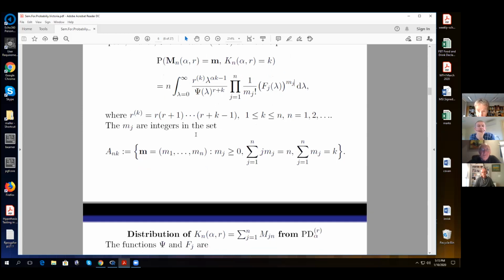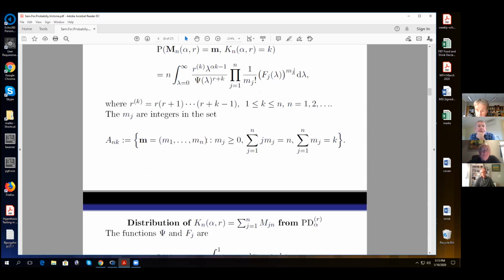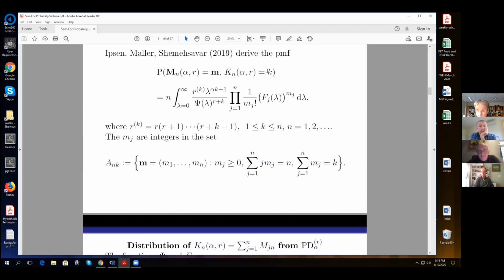The m_j here, remember, are subject to a constraint, and so we take the set I'm calling A_k, which is the set of these m's such that the sum of j times m_j adds up to n, and the m_j's add up to k, which is the variable here that we're looking at.